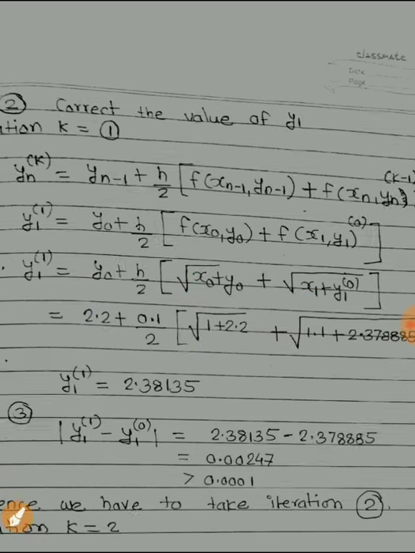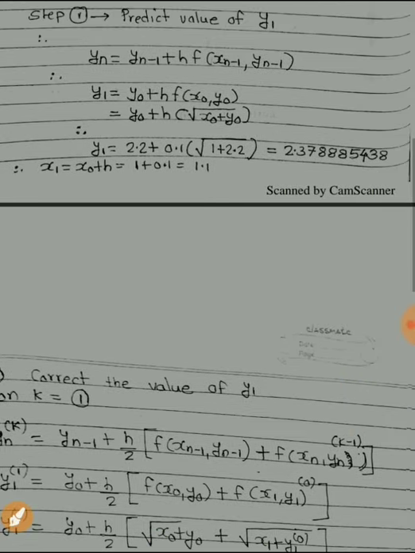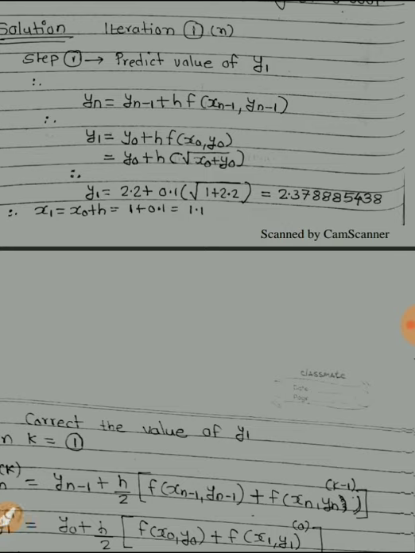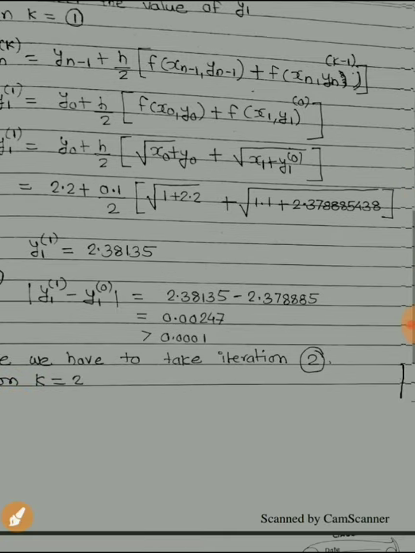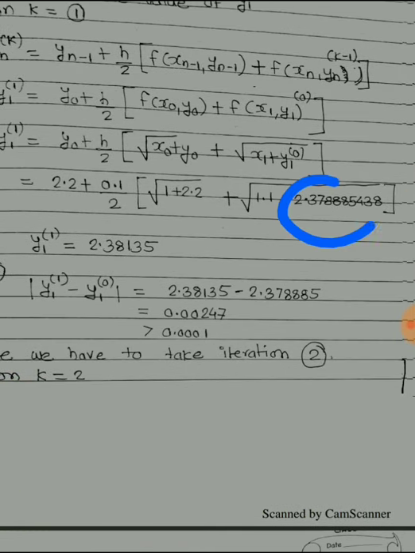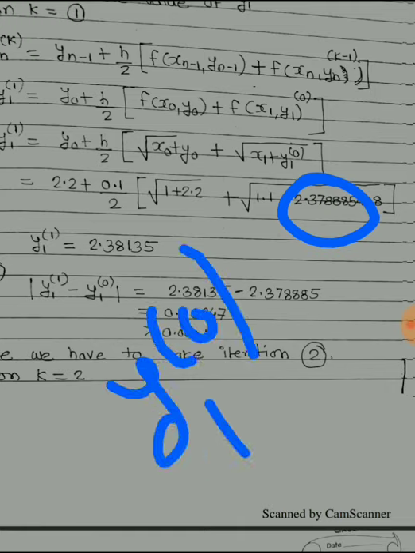This value we have just calculated; this is the first value of y1 which was known to us. That same value I am going to take here as it is, and I have called this y1 raised to 0. It is the value of y after the first iteration when there was no correction.